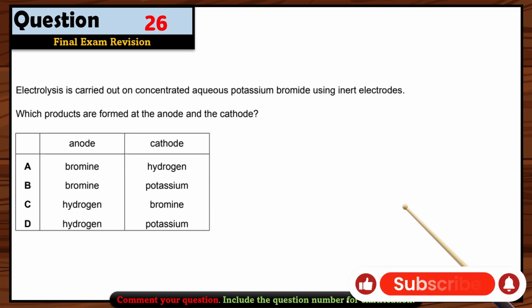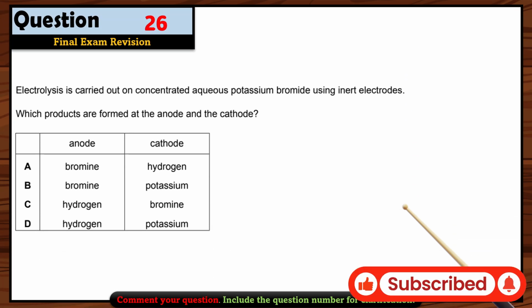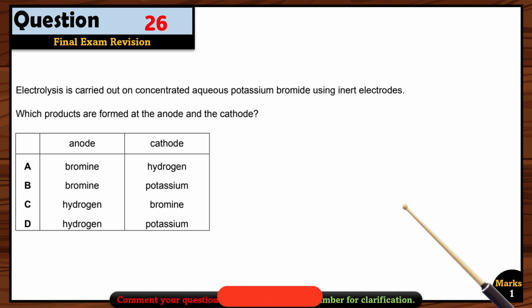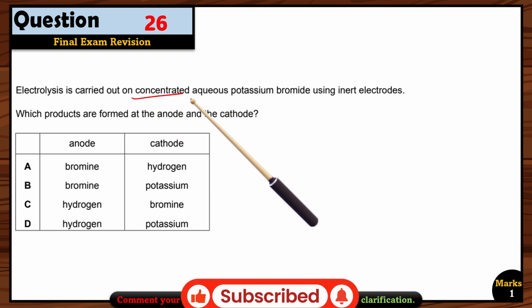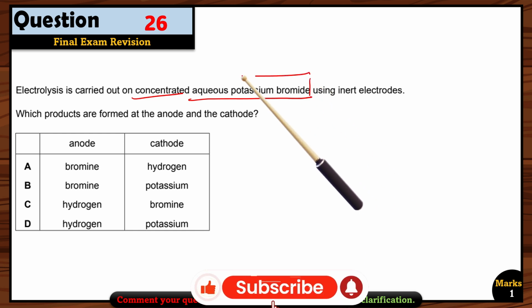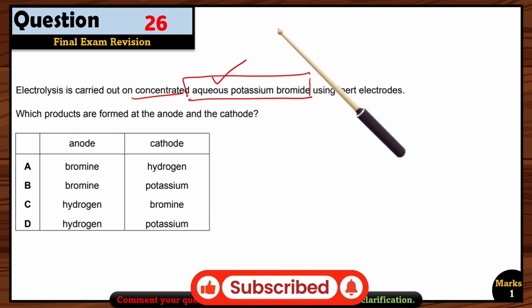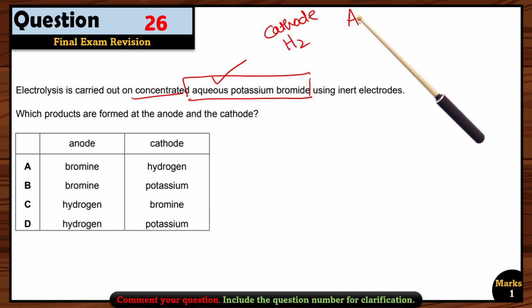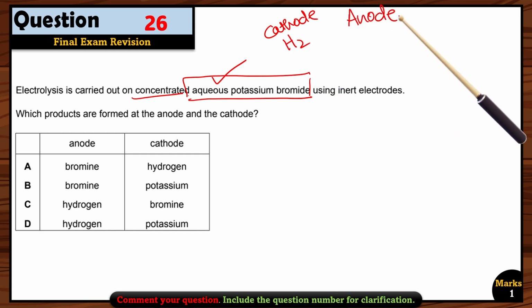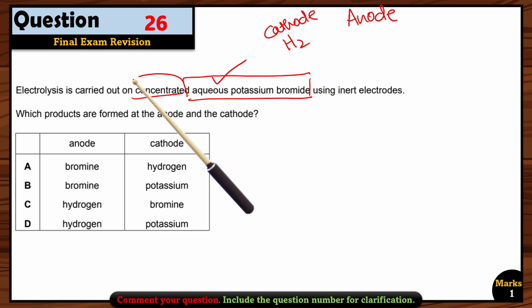Question 26. Electrolysis is carried out on concentrated aqueous potassium bromide using inert electrodes. So now what we have here is a concentrated solution of aqueous potassium bromide, right? For aqueous, at cathode you will always get hydrogen, right? At anode it will be decided based on concentrated or dilute. This one is concentrated.